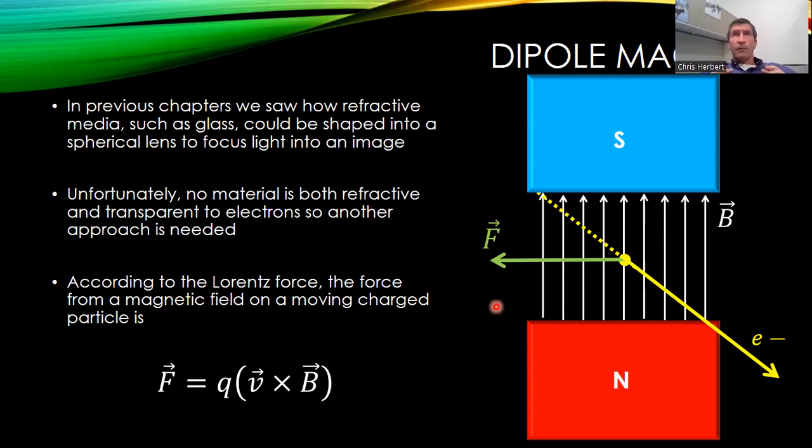For these types of beams, we would actually use what are called quadrupole magnets. So you'd have a south, a north, a south, a north, and that would surround the beam. And these would come in pairs of 3. And this would allow you to converge the beam or diverge the beam.